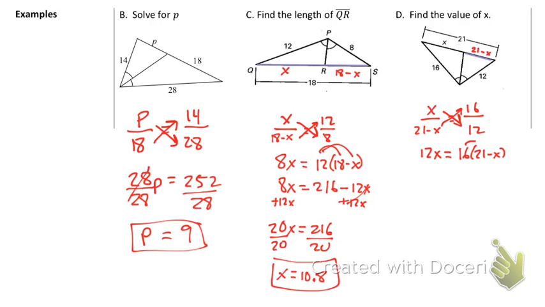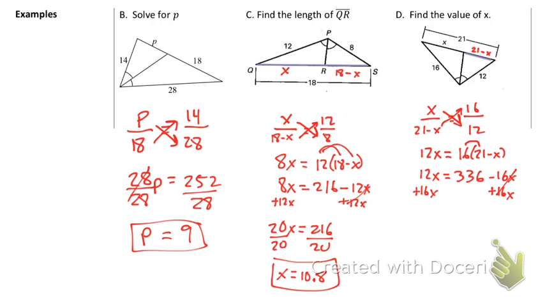Don't forget we're distributing here. So it's 12X equal to 336 minus 16X. Let's get these X's together, so I'm going to add 16X. That cancels out.